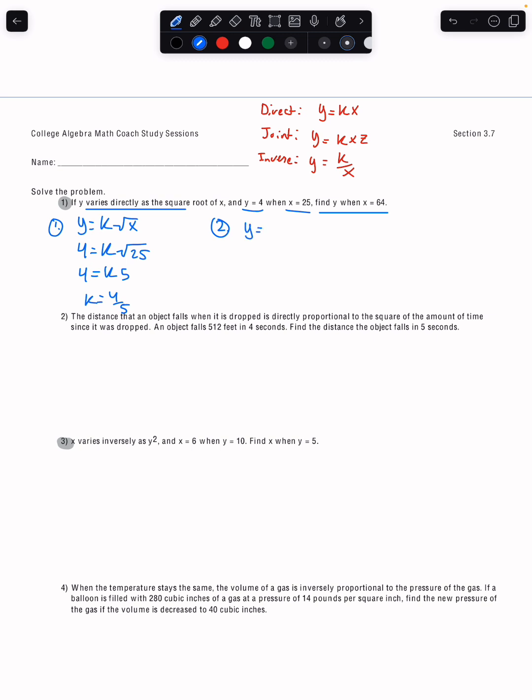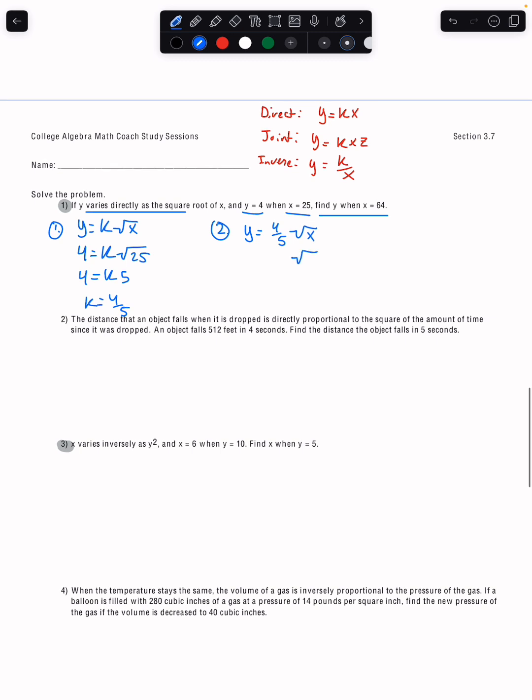This time, we actually know what our k is, so now we can plug in 64 for the x. And when you solve, you'll get 32 over 5. So really the only trick here is remembering this, and the rest is just basic algebra.